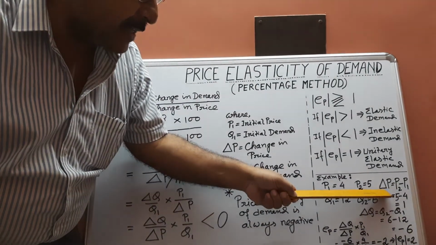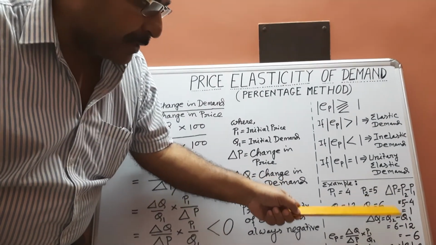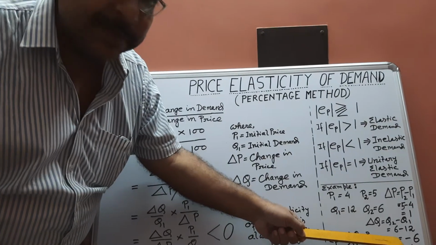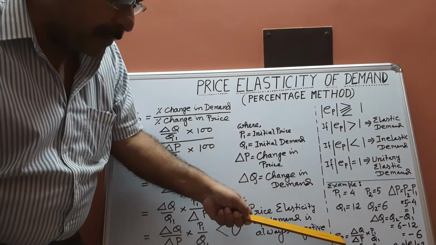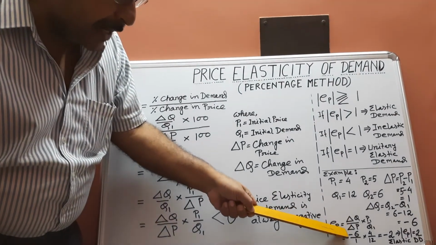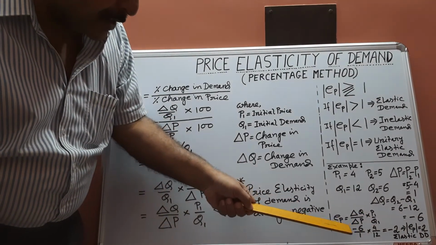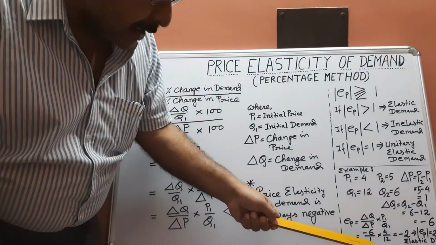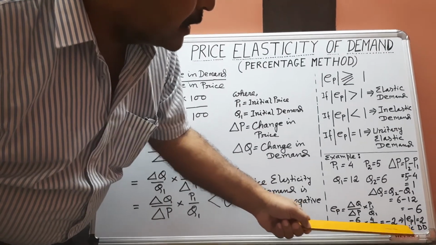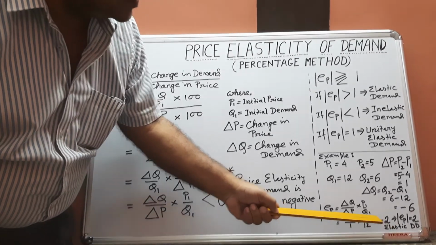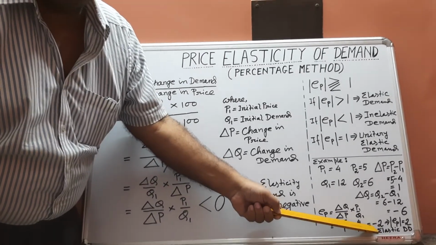Here price is rising, so delta P is positive, but demand falls, so delta Q is negative, it is minus 6. Now use this information in your formula. Your formula is delta Q by delta P into P1 by Q1. Put these values and you will get the answer equal to minus 2. EP is becoming minus 2.